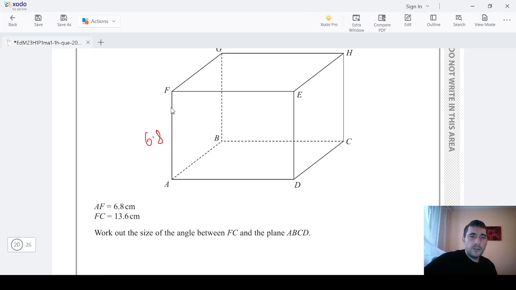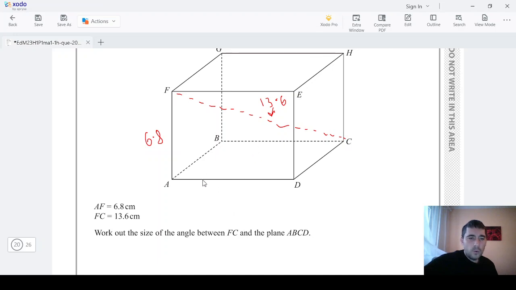FC is the diagonal of the cuboid, so start with F, and let me draw the diagonal. The diagonal inside the cuboid is FC, and that equals 13.6.